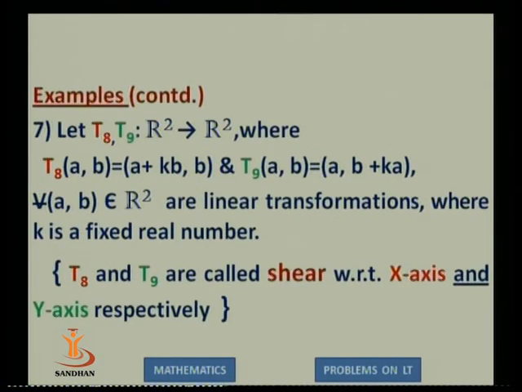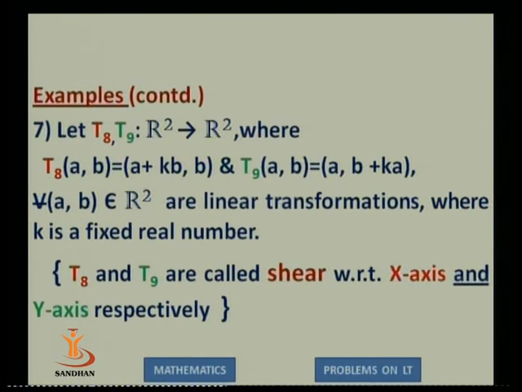Next, we come to another two functions, T8 and T9. If we define T8 from R2 to R2 as T8 of (a, b) is equal to (a plus kb, b), and we define T9 from R2 to R2 as T9 of (a, b) is equal to (a, b plus ka) for every (a, b) belonging to R2, these are linear transformations.